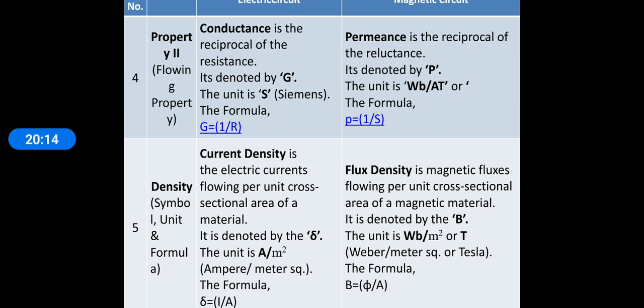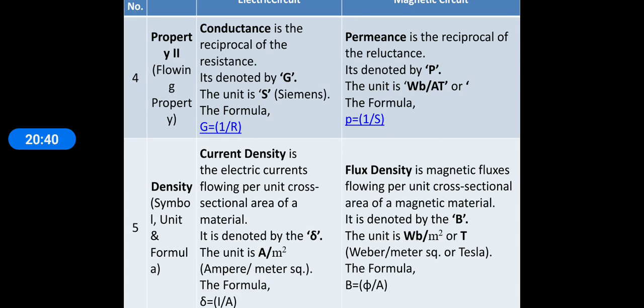In an electrical circuit there is the conductance, in a magnetic circuit there is the permeance. Then current density. In an electrical circuit, the current density is the electrical current flowing per unit cross sectional area of a material.